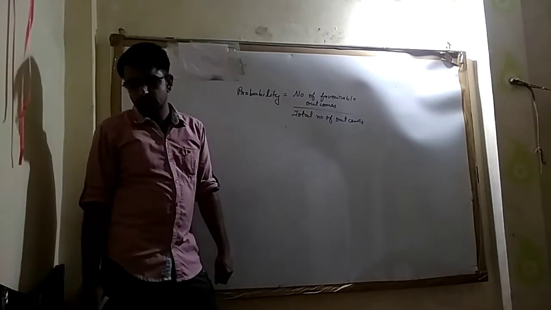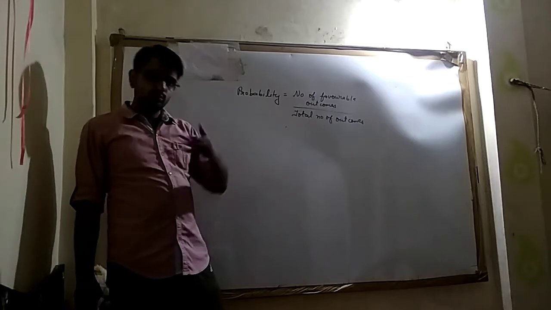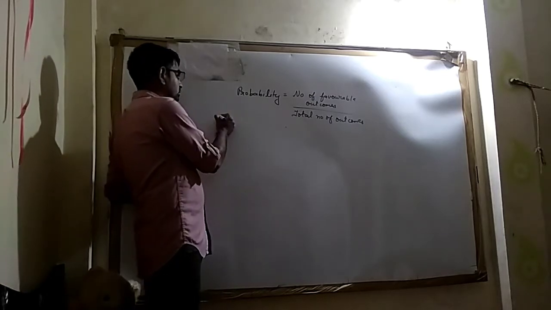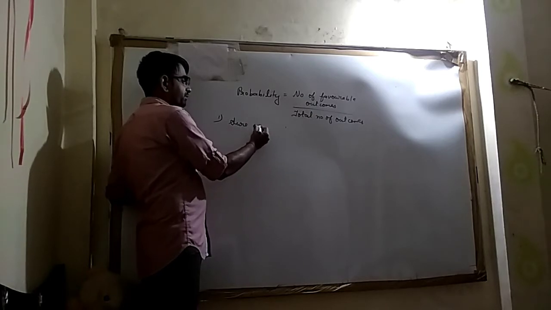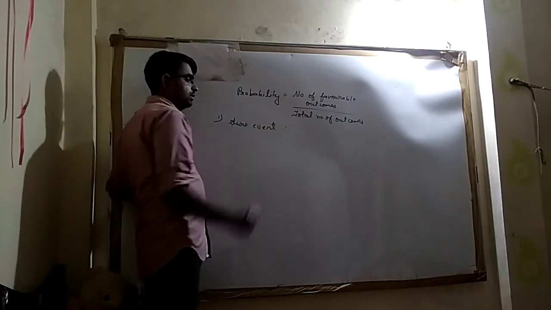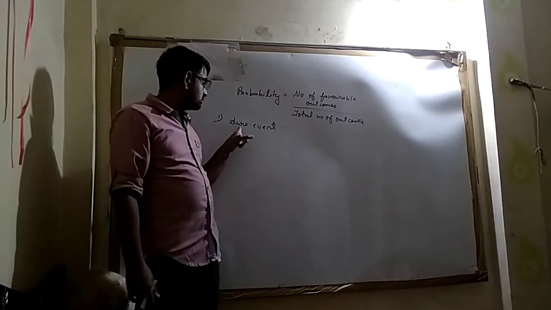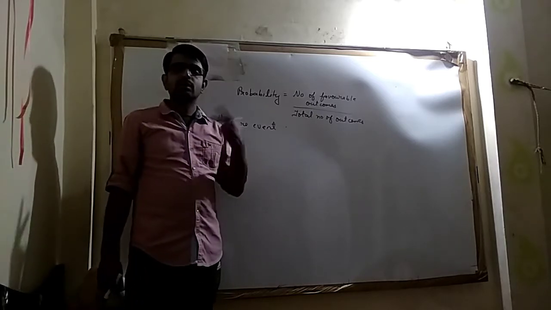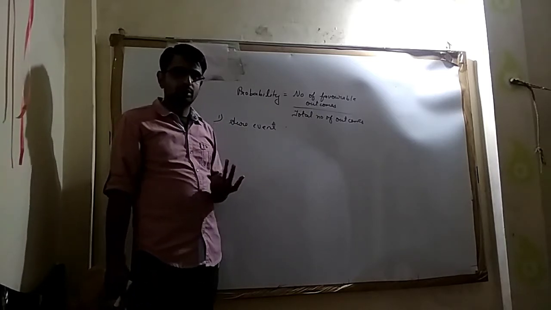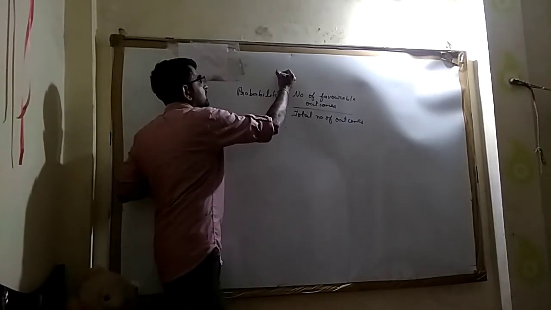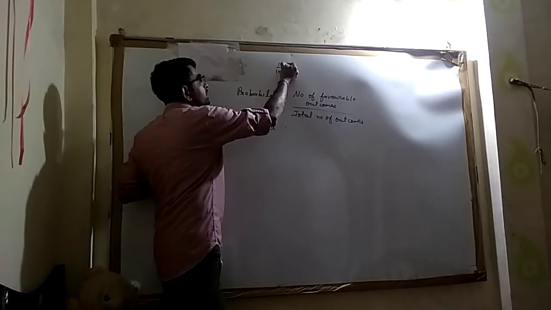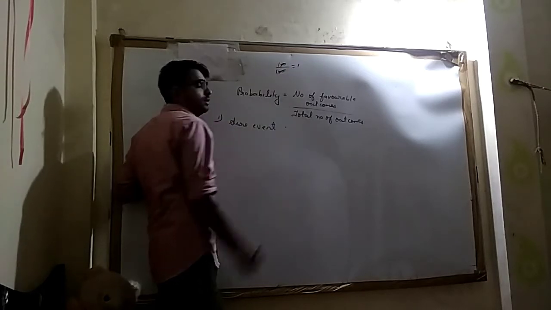Now, based on this formula, I am going to define two things. First is sure event. What does this sure mean? Sure means 100%. Okay, and what does 100% mean? 100% means you get 100 out of 100, so that is 1.